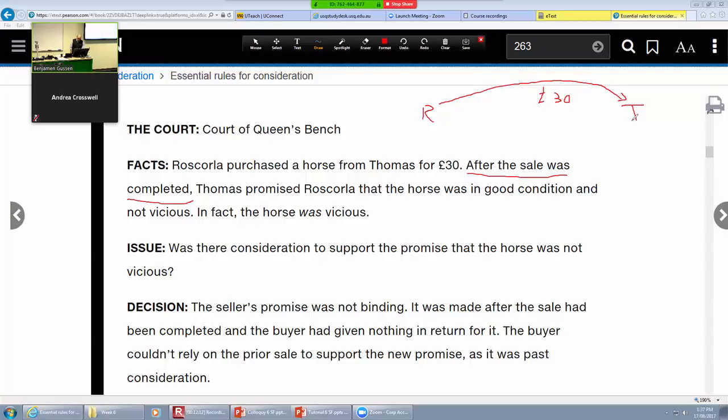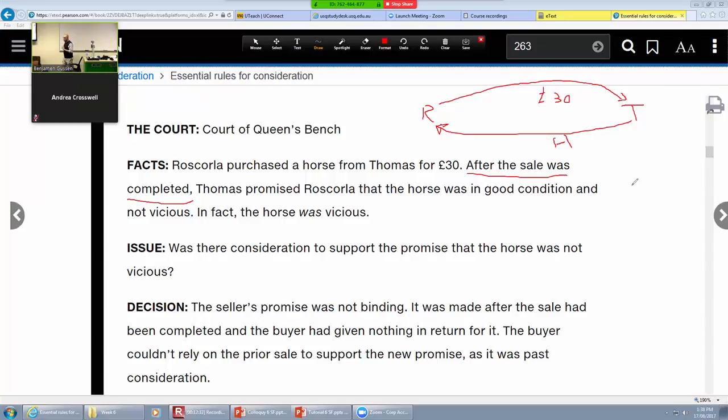And Thomas gave Roscola what? The horse. This is what we say is the purchase. And the purchase is complete.